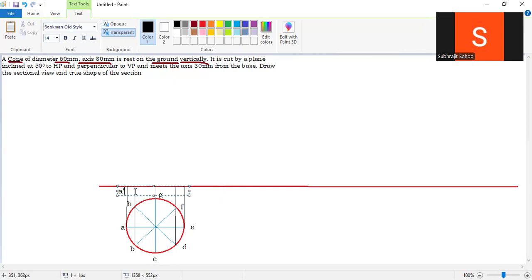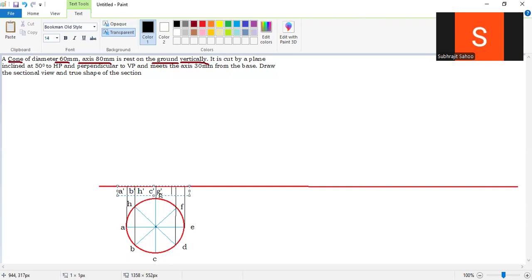This one is my B dash, and B dash and H dash. This one is my C dash and G dash.